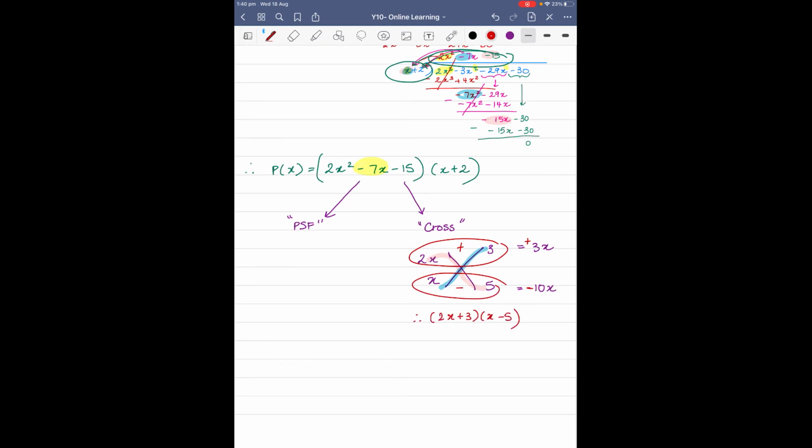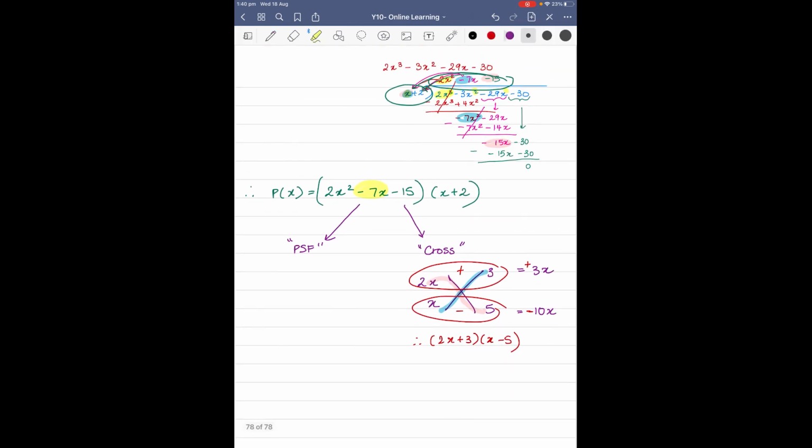If you want to do the PSF method, I'll show you guys as well. The product is the first and last number, so the product is 2 times 15, which is 30. Your sum is always your middle number, which is minus 7. Then you want to find your factors. The factors of 30 can be 10 and 3, where the sum should give you minus 7.